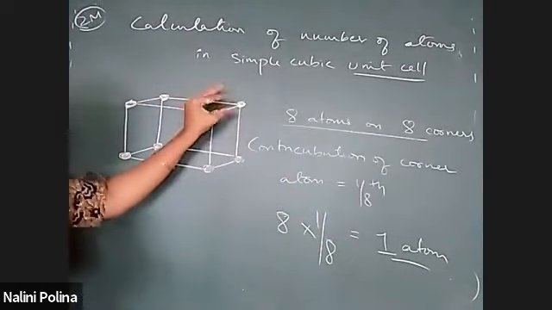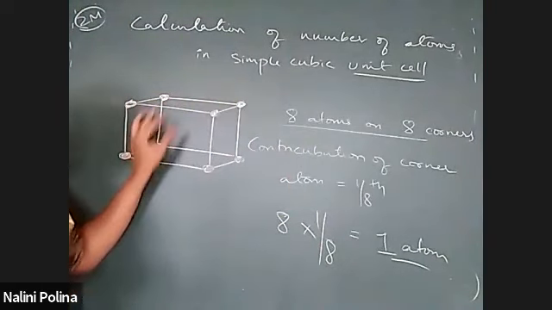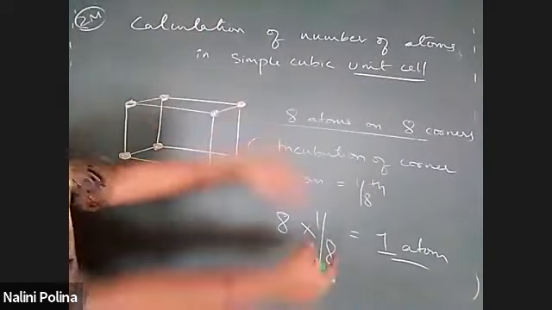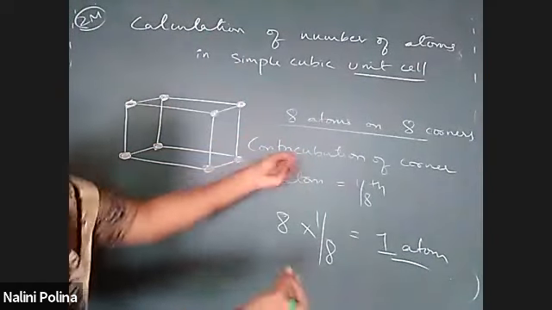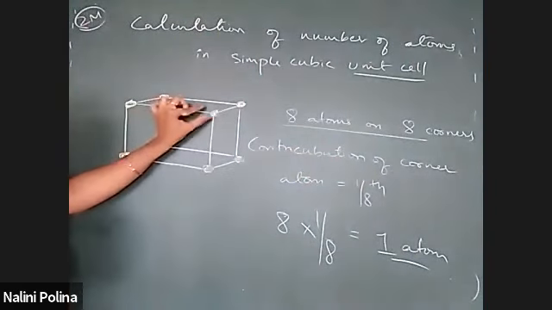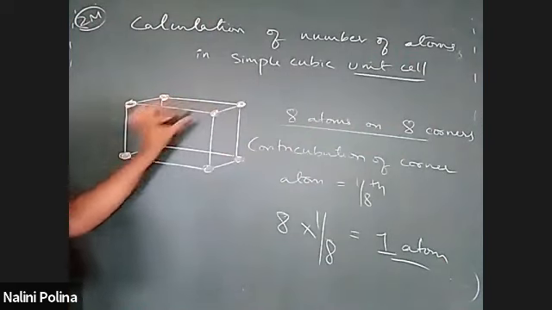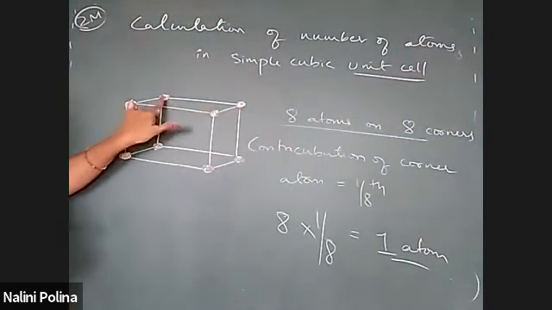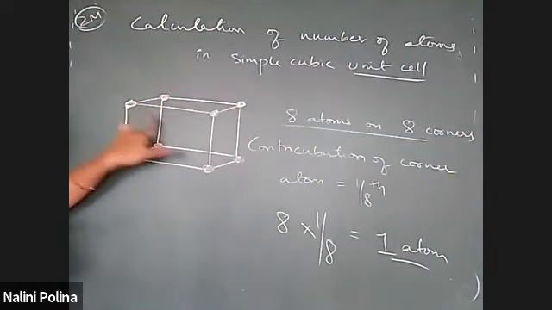One complete atom does not belong. Each corner atom is shared with 8 other unit cells. Like I have told you before, each corner is definitely shared by 8 unit cells. 1/8 of this atom belongs to this, 1/8 of this atom belongs to this, and so on.